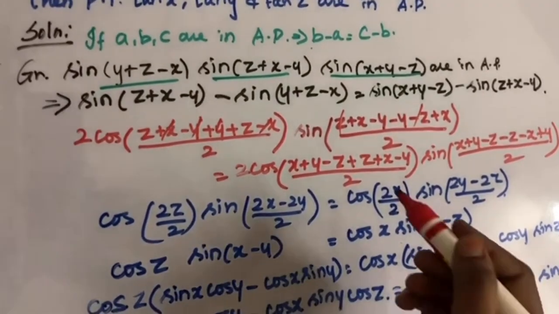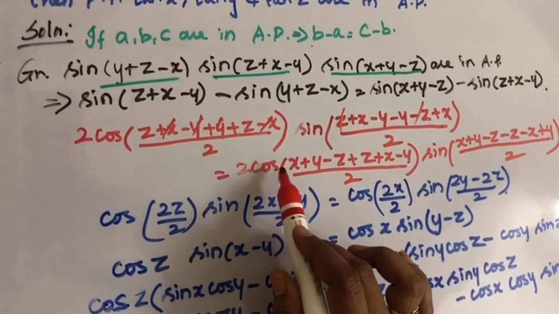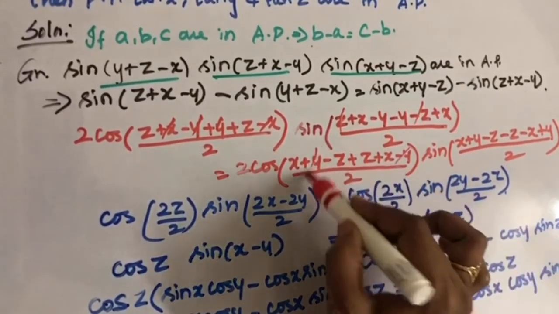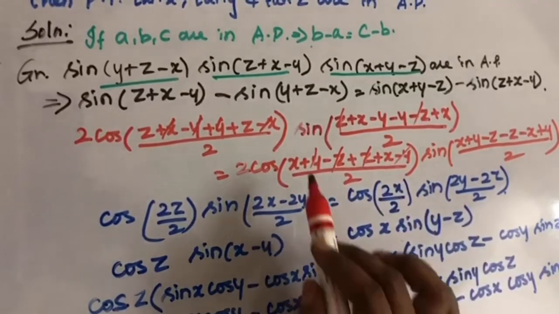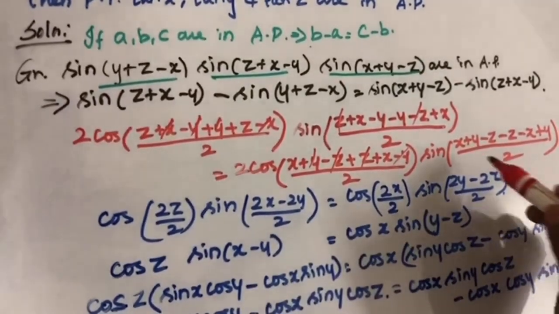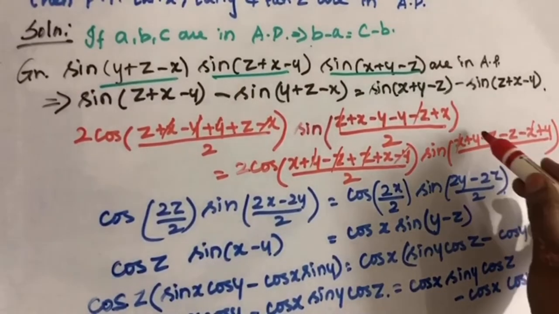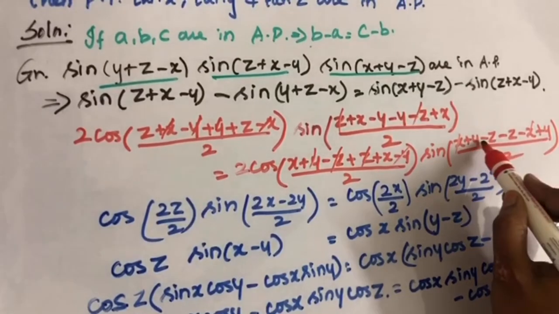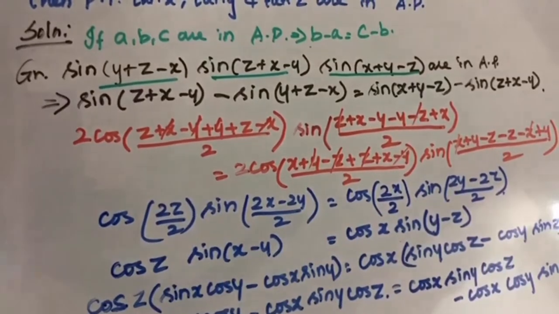On the right hand side, 2 cos, here y and y will get cancelled, z and z will cancel, x plus x is 2x divided by 2. Similarly, here x and minus x alone will get cancelled, y plus y is 2y, minus z minus z is minus 2z, divided by 2.